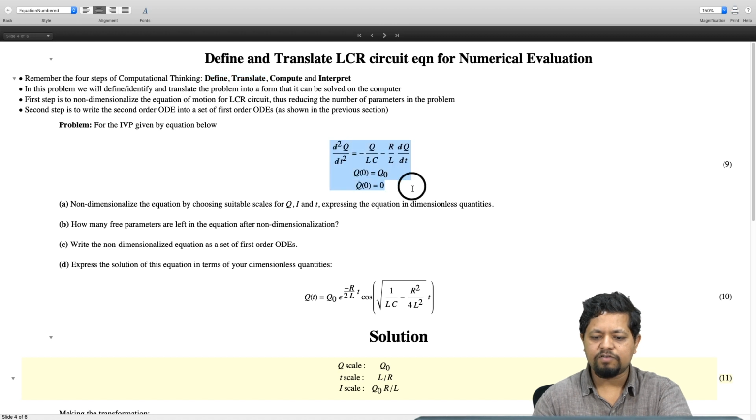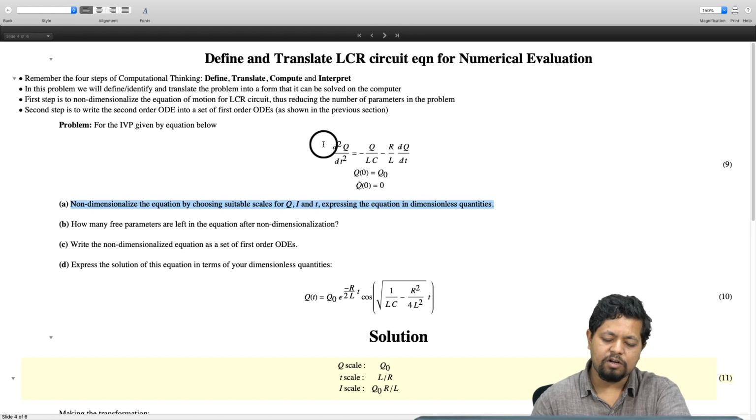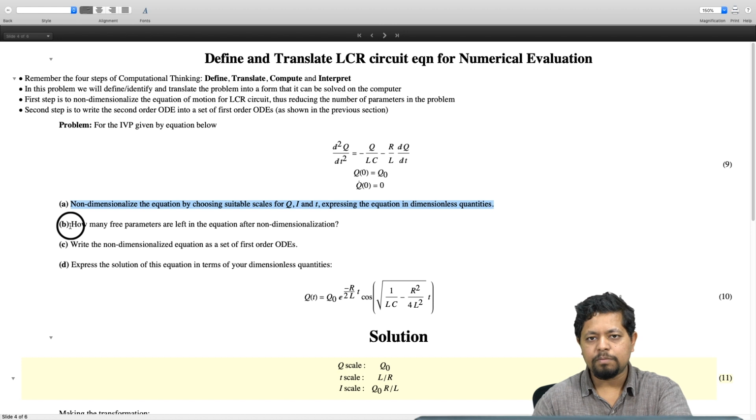So this is the set of equations we have. First we are going to non-dimensionalize these equations by choosing suitable scales for q, I, and t. We already know how to reduce them to first order ODEs, but first we non-dimensionalize them. Without non-dimensionalization, we cannot turn them into a problem on the computer, because computers only know numbers, they don't understand physical dimensions.